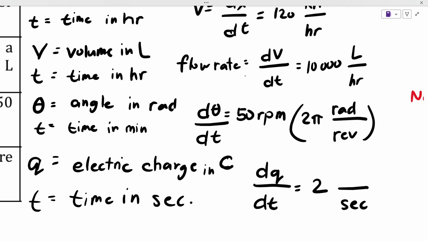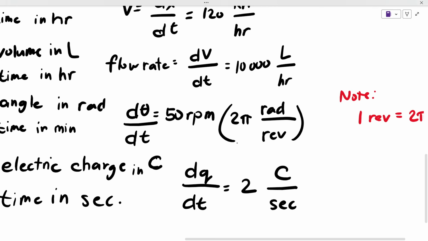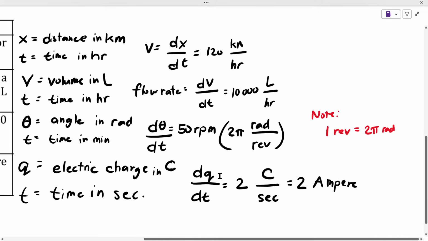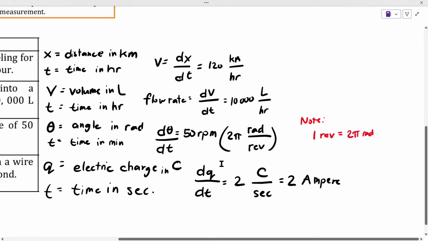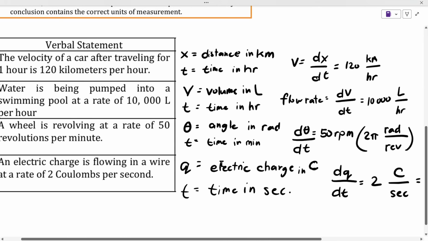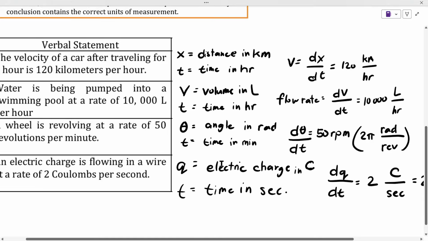So we will replace this Q by C, coulombs per second. And coulombs per second, by the way, is ampere. So that's it. This is how you model your mathematical equation based on the verbal statement.